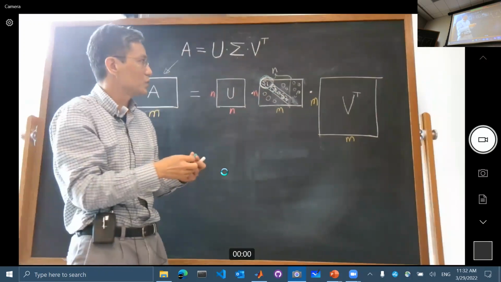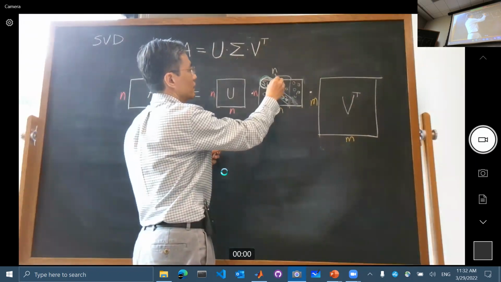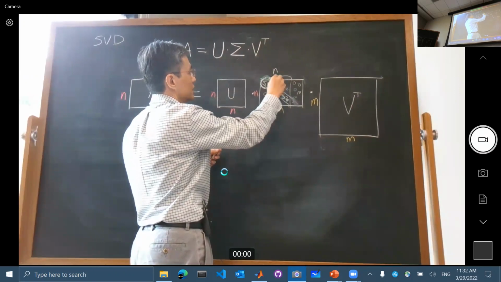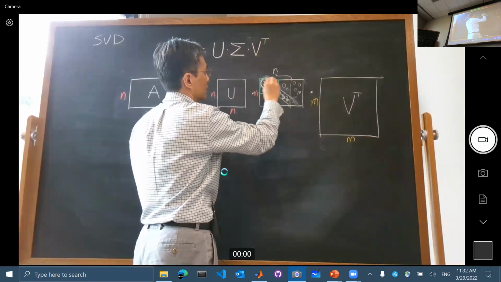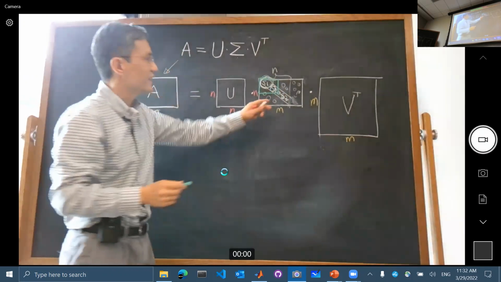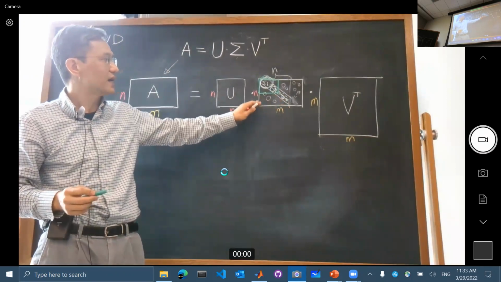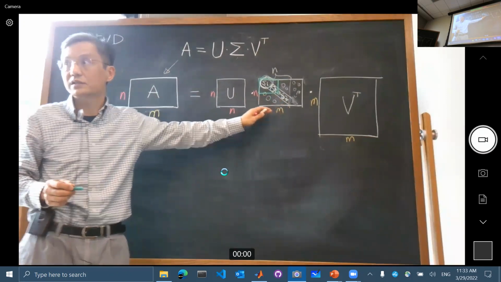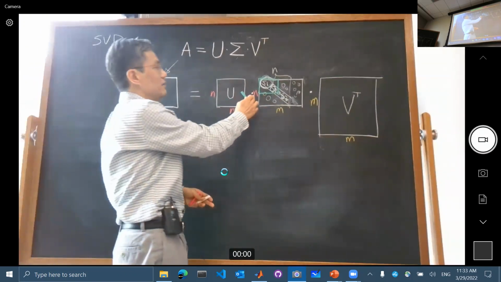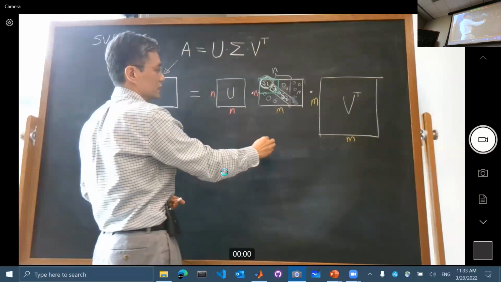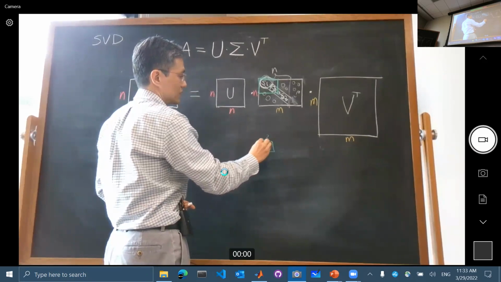So what we can do with that is select, for example, only the top two components here, and I can ignore the rest of them. In this case, I reduce the dimensionality of this sigma matrix from n by m into 2 by 2. So I only use a 2 by 2 matrix, very small.